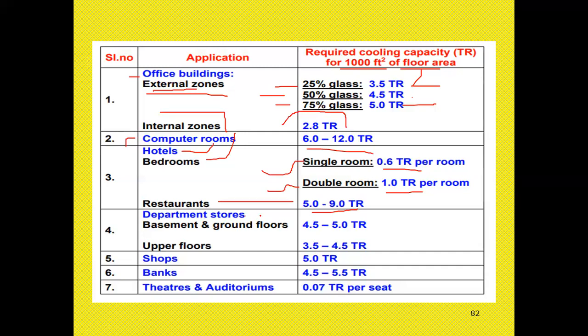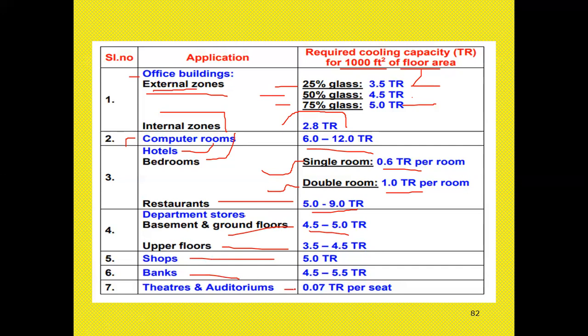For the department stores on the basement and ground floors, we are using 4.5 to 5 tons capacity. For upper floors, we are using 3.5 to 4.5 tons. Next for the shops, we are using 5 tons capacity. For the banks, 4.5 to 5 tons capacity.